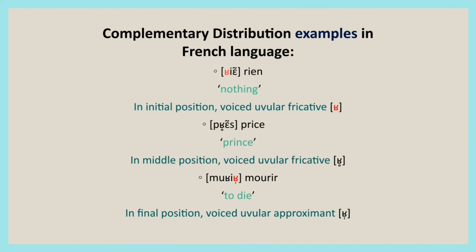It is voiced uvular fricative. Next, prince, it means prince in English. It occurs in the middle position. It is voiced uvular fricative. And the last, mourir, it means to die. It occurs in final position and it is voiced uvular approximant.